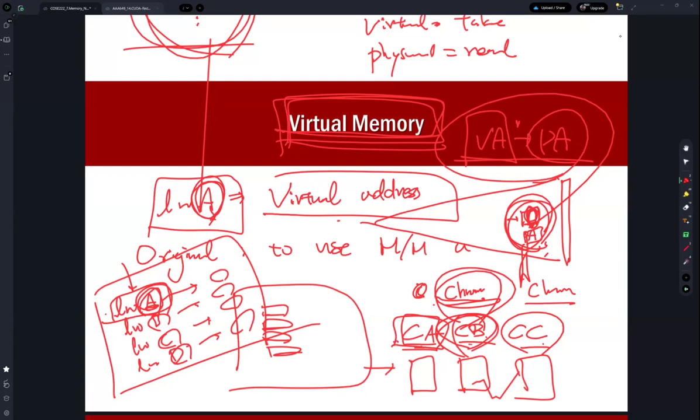So why do we use the virtual memory space? In order to manage multiple concurrent processes. Memory management needs to be supported by the operating system, and the operating system needs to handle multiple running processes, right?